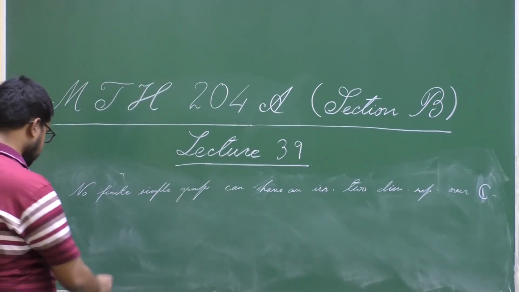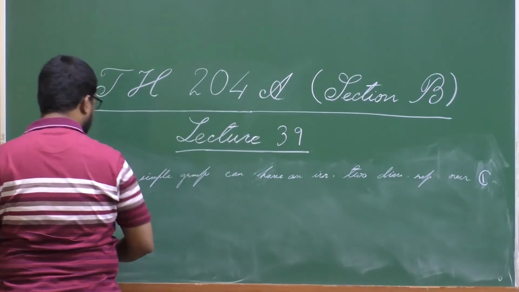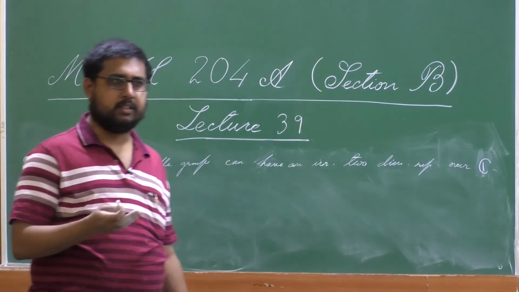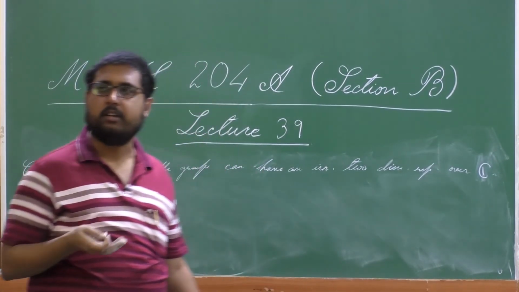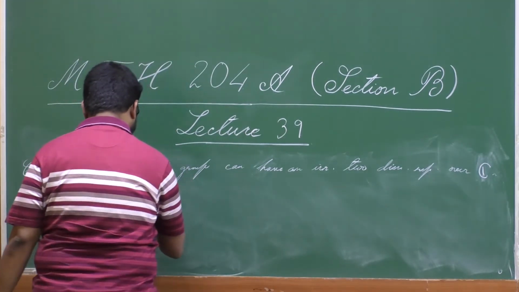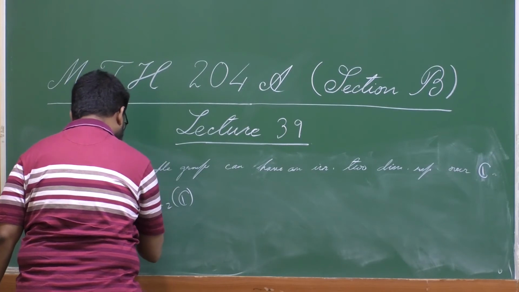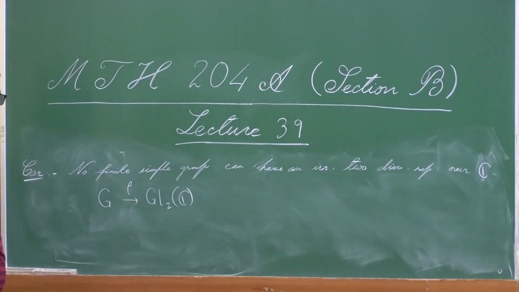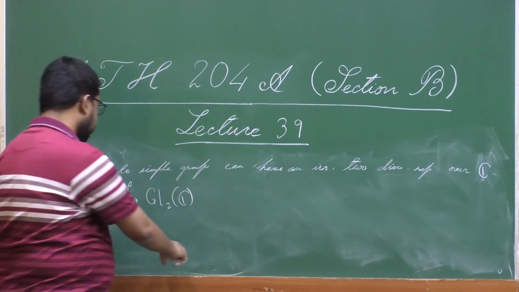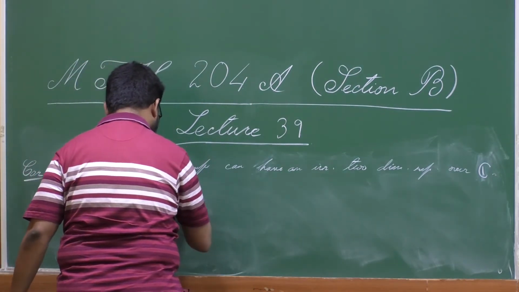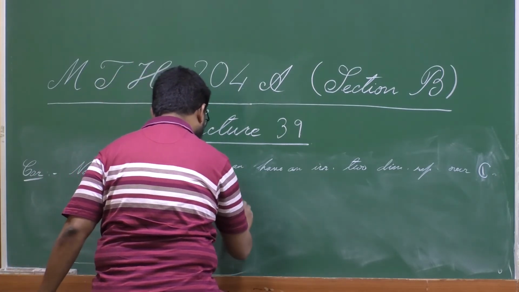The argument is very simple. Suppose G is such a group; we assume the contrary, that G has a complex two-dimensional representation which is irreducible, and therefore that gives us a homomorphism rho into GL(V), where V is a two-dimensional vector space, and this is isomorphic to GL2C.